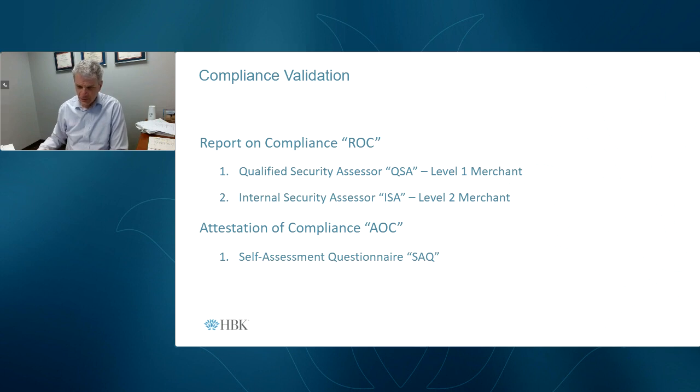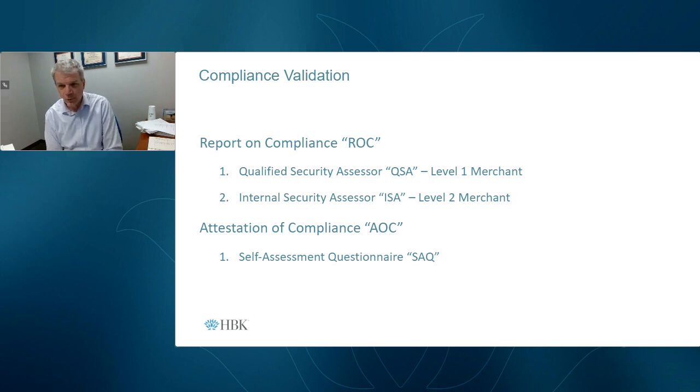So I talked about required compliance validation. Again, when I spoke earlier, you have the 4 levels, starting with level 1 at 6 million credit card or payment card transactions, down to level 4, which is a pretty small mom and pop, but still needing to do their self-assessment questionnaire.